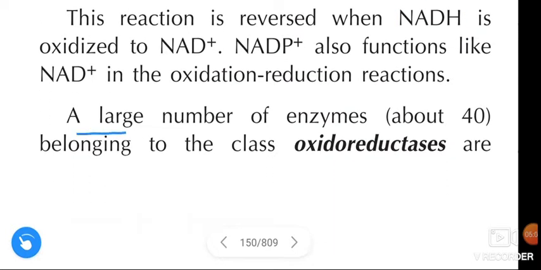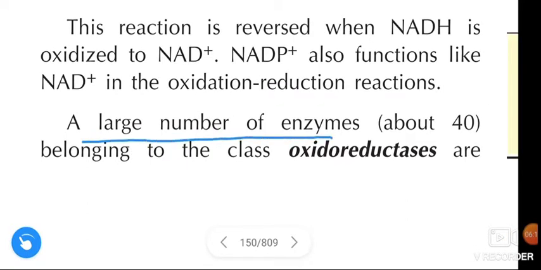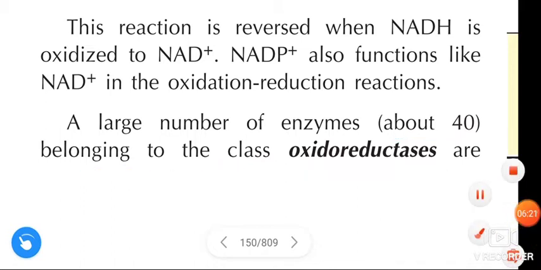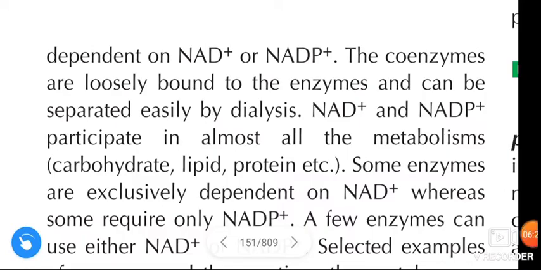Next, a large number of enzymes, about 40, belonging to the class oxidoreductases are dependent on NAD plus or NADP plus.